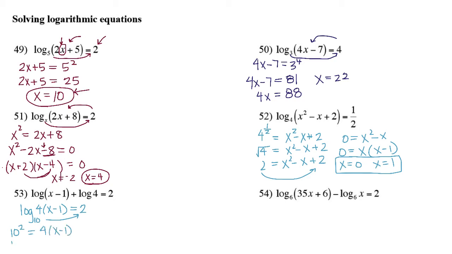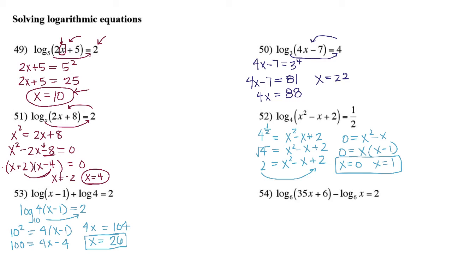So that's going to be 100 equals 4x minus 4. And so we need to add 4 over. So we have 4x equals 104. So x is going to be equal to 26. So there we've combined several different steps all into one equation.